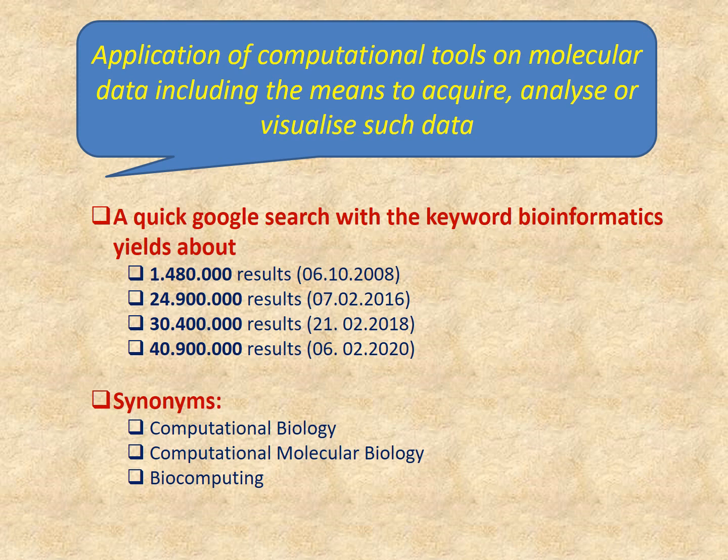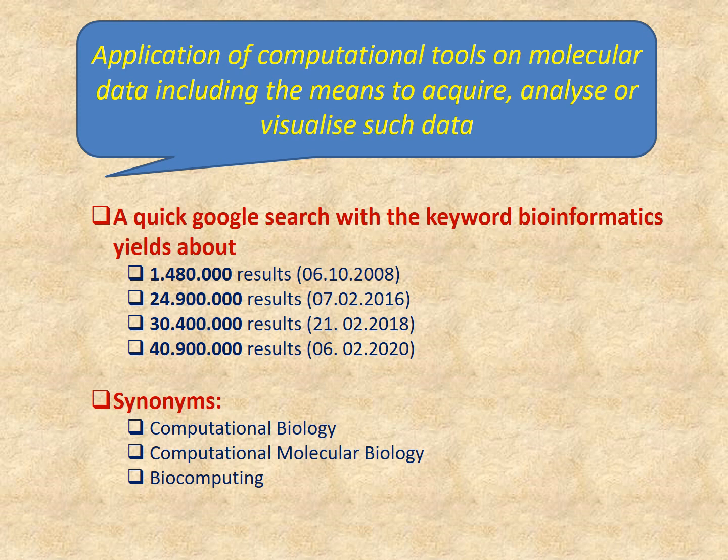Then in 2016, the results were 24.900. It's in lakhs. Then in 2018, the results were 3.400, and in 2020, the results were 40.900.